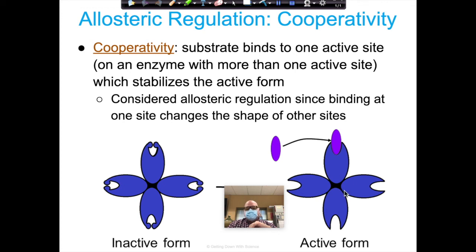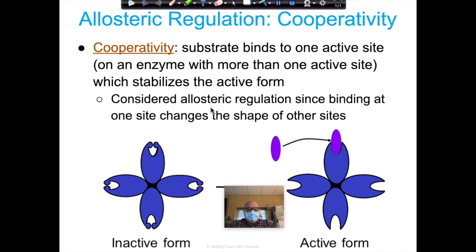So what I want you to notice here is when this guy bonds here, it opens up the others. So when this purple jelly bean thing bonds, you can kind of see it changes, it opens up the other parts of the enzyme. So it bonds with one site and opens up others. It's still considered allosteric.